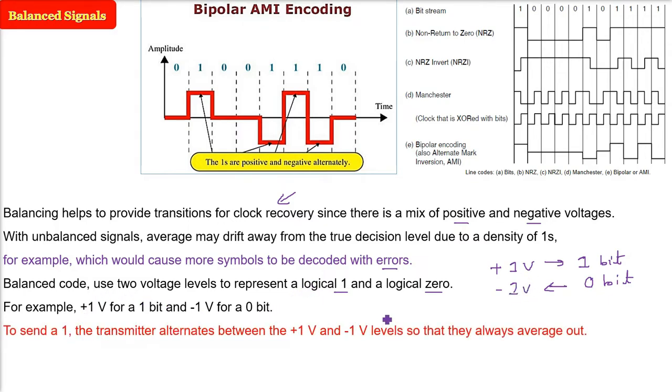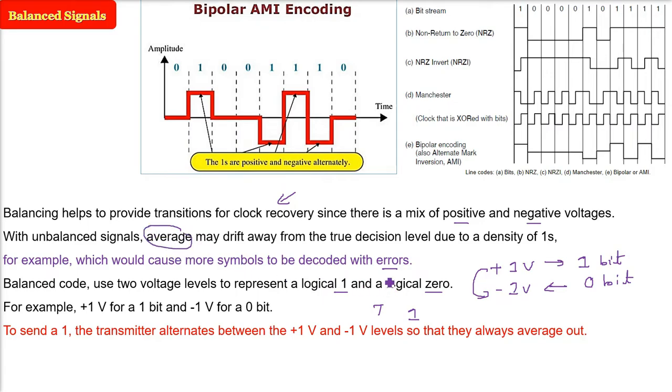In order to send a 1, for example, the transmitter will alternate between the positive value and negative value, that is plus 1 and negative 1 voltage levels, so that because of the balancing, they always average out. Okay? So this is alternating.